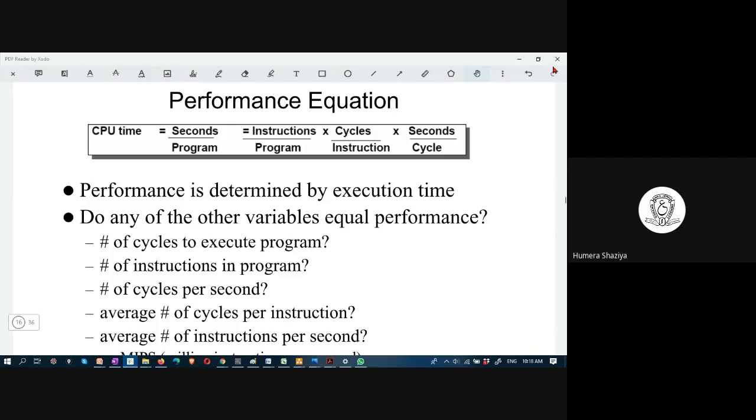Instructions per program into cycles per instruction into seconds per cycle. Instructions per program: you write one program. Let us take the example of an arithmetic operation program which you have written in C language.